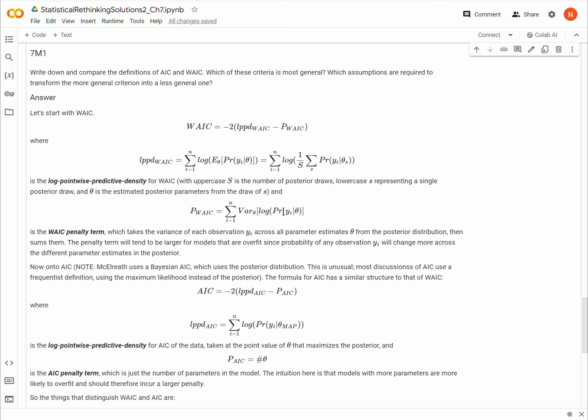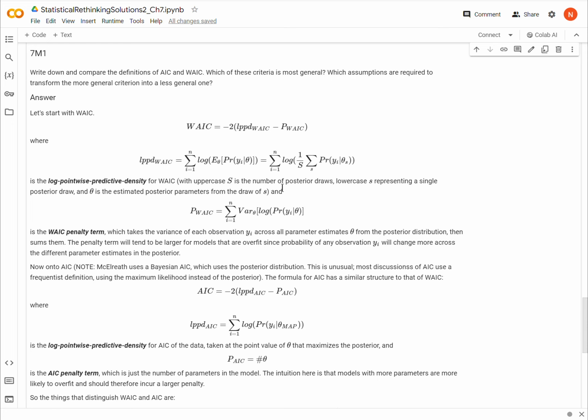If our model is overfit, then varying the theta values just a little bit is going to have large impact on the probability of y. So as we go from parameter value to parameter value, the probability of y is going to jump around a lot, which means there's going to be a lot of variance in that term, which means that we're going to incur a bigger penalty term. And so hopefully that makes some kind of intuitive sense.